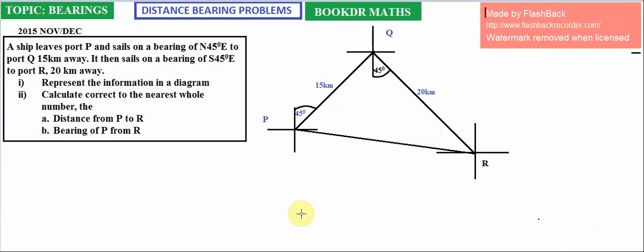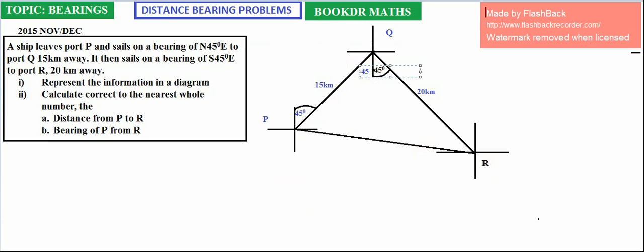The first question says we should calculate the distance from P to R. So let's analyze the diagram first and see whether we'll get a right angle triangle. The angle here is 45 degrees. It alternates with this angle here, so definitely this angle will also be 45 degrees.